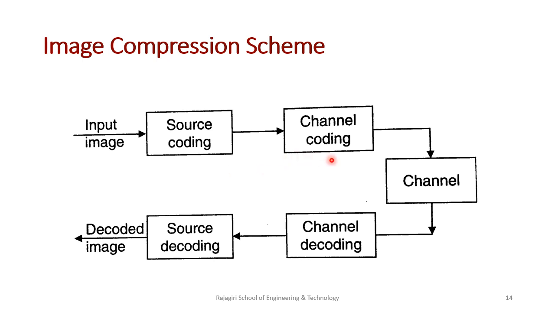The channel coder introduces a certain amount of controlled redundancy in order to protect the data from further transmission errors as it propagates through the channel. At the receiver side, the inverse operation of channel decoding and source decoding is done in order to get back the decoded image. In this lecture, we will be focusing on source coding techniques.